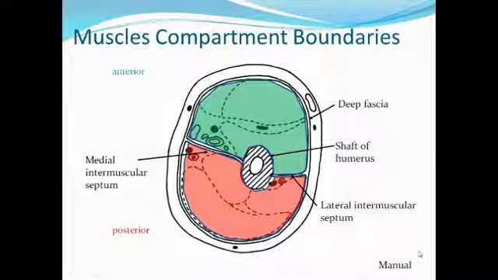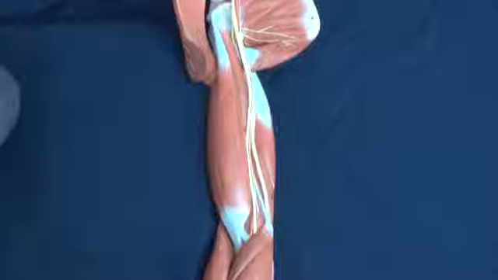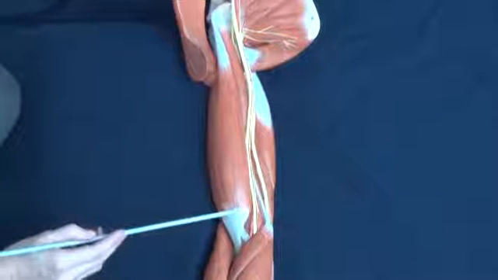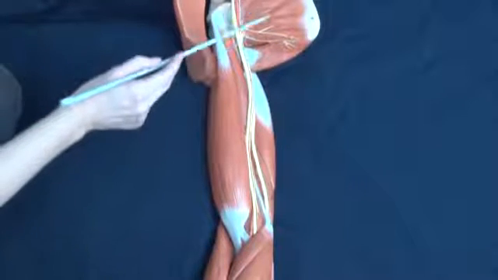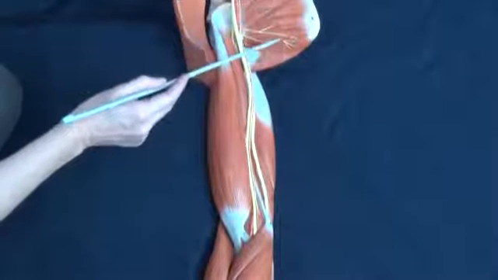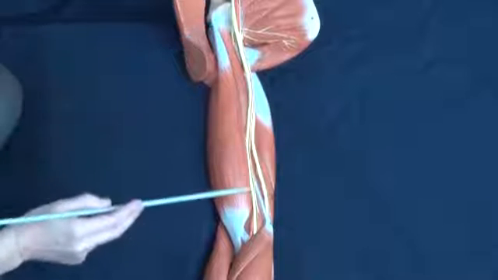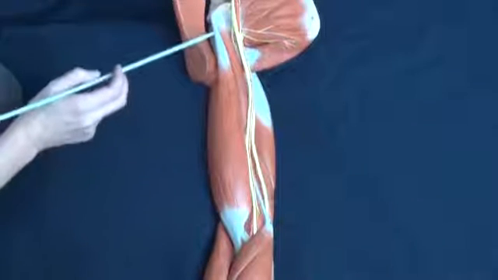So now let's look at a model of the upper limb to identify the location of the anterior and posterior muscle compartments. On this model of the right upper limb, we're looking at a medial view of the arm. So to orientate yourself, here's the posteriorly located scapula and the anteriorly located clavicle, and this is a medial view of the right arm components.